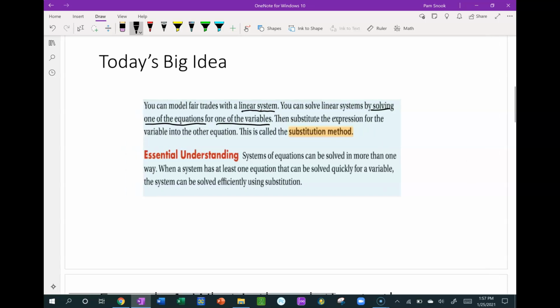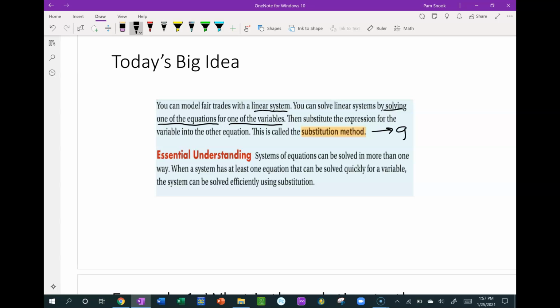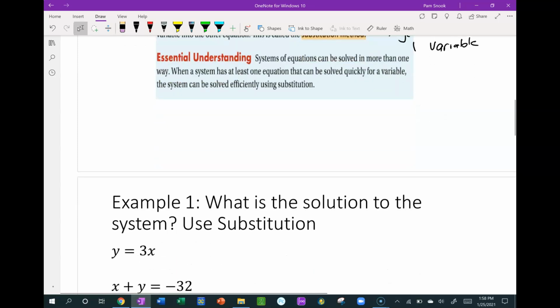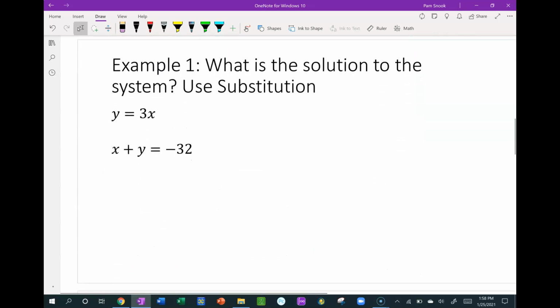And what happens is you get one equation with one variable, and that allows you to solve for that variable, and then you just go back, plug that variable into the other equation, and now you've got the answer for your other variable. So let's go ahead and do some of these so you can see what I mean.